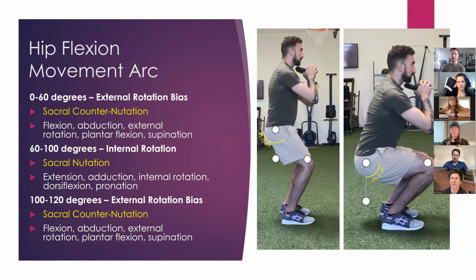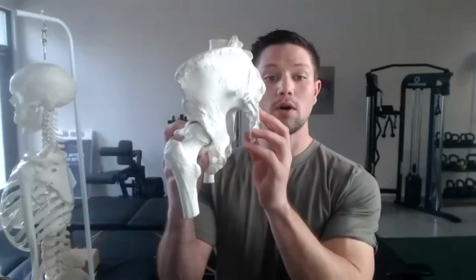You're going to be in a relatively more plantar flexed position than you would be if you went lower in this squat. Now, just in a normal standing position, if I'm just standing upright against gravity, that is more of an internally rotated position. That is a closed pack position of my pelvis. That is a nutated position of my pelvis.